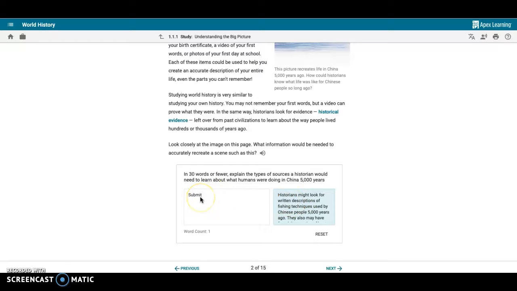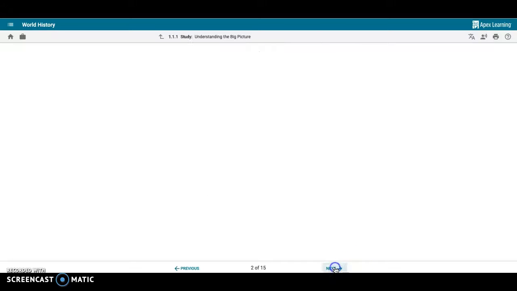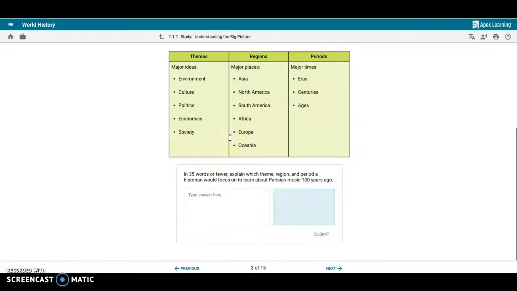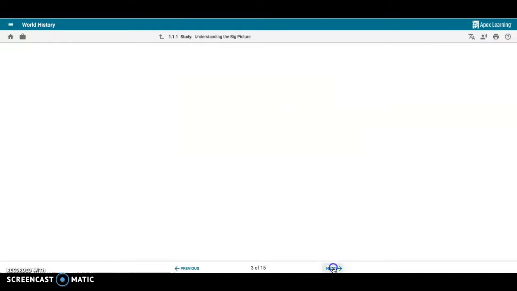I'm curious if students just wanted to blow through this, could they write anything and then get the answer to what is being asked here? It is thorough. Like I said, 35 words or fewer. At least it gives a minimum and maximum.